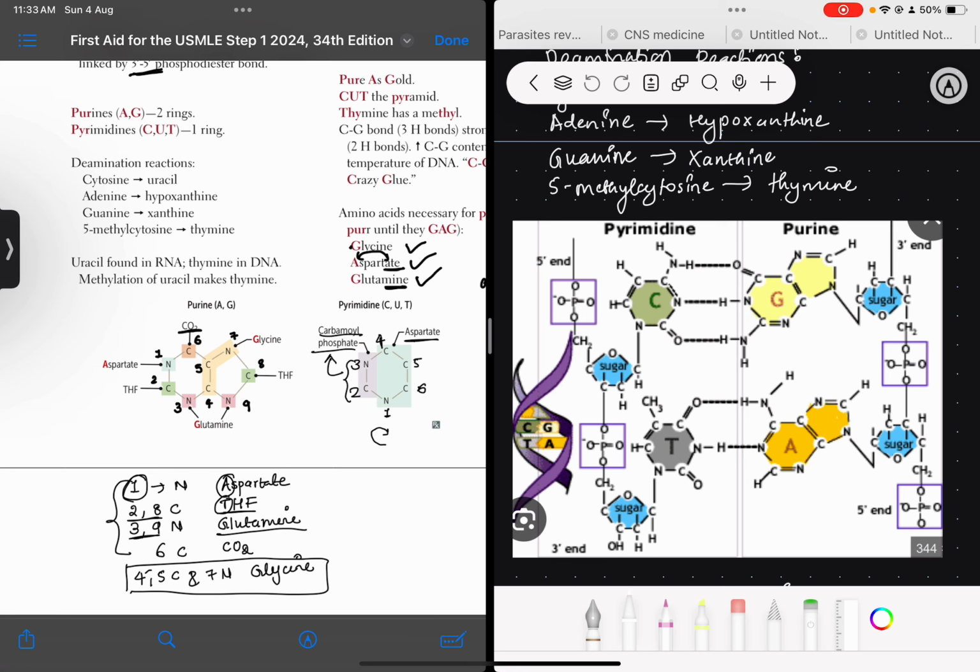So indirectly we form the relationship that if we do the methylation of uracil, it will form thymine. Thymine is found in the DNA and uracil is found in the RNA.